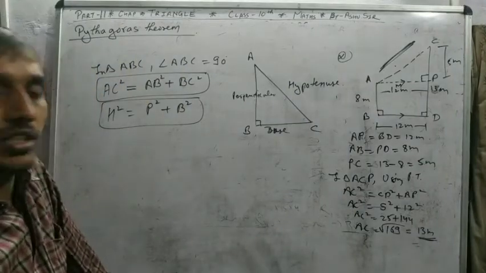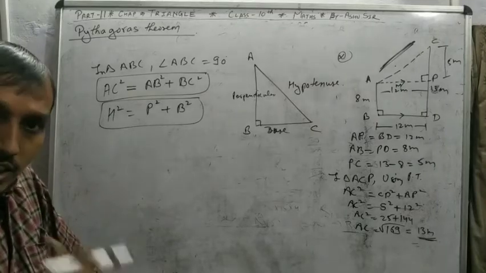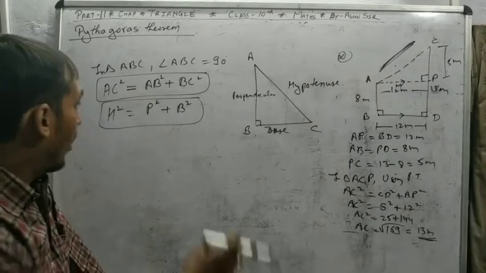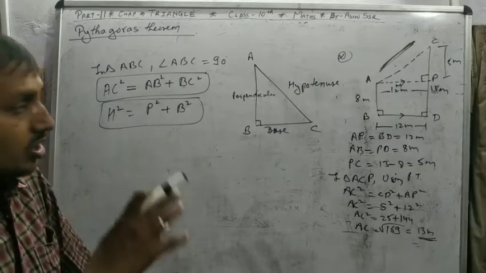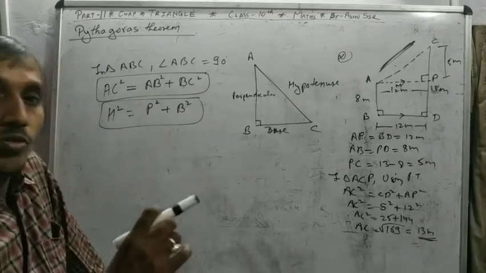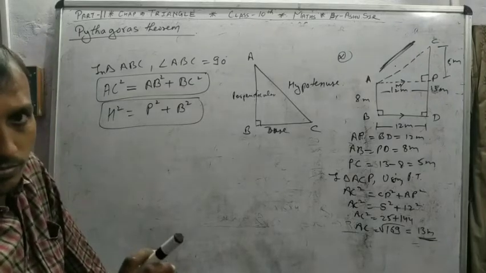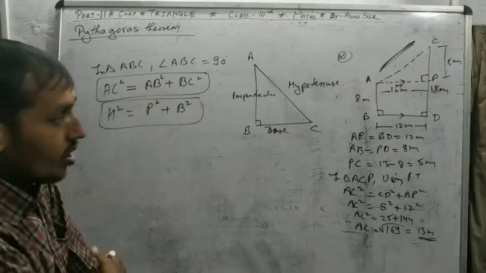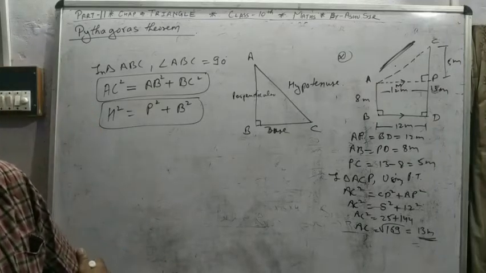But in this chapter, there is a theorem proving identities with the help of the Pythagoras theorem. So firstly we prove it. This theorem proving part is not in our syllabus for this year, but we explain it for knowledge. But the questions related to the Pythagoras theorem are in the syllabus.